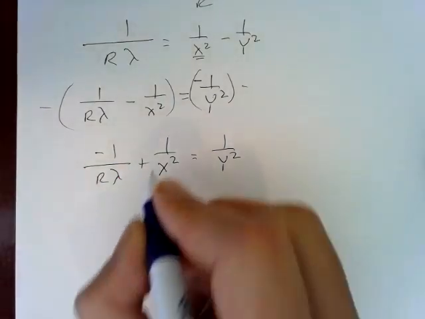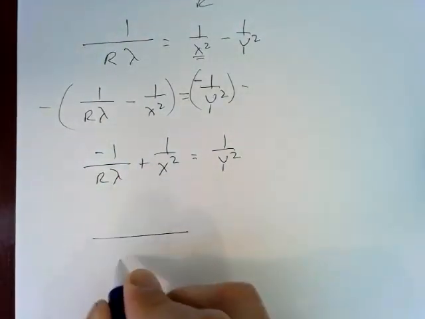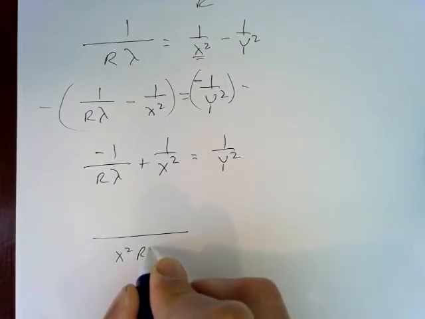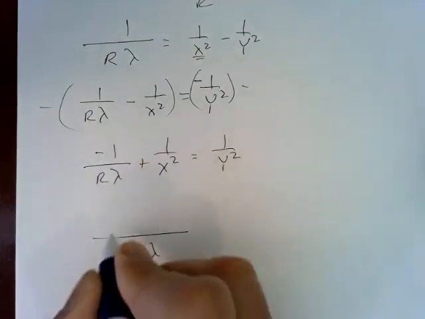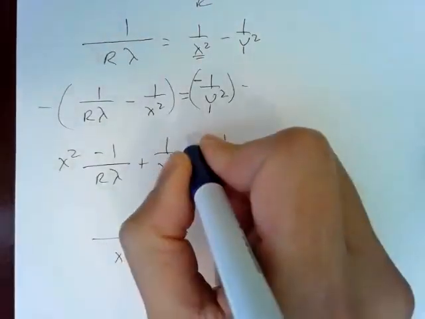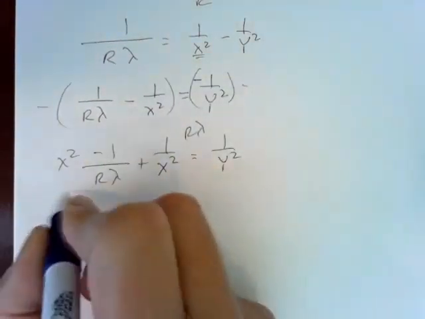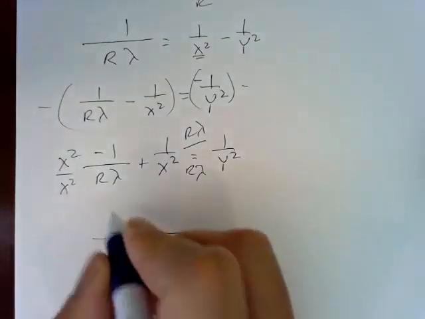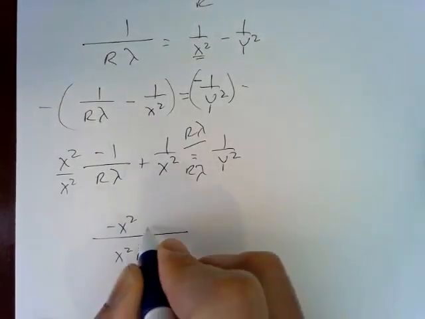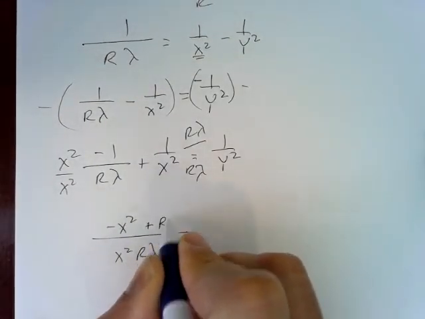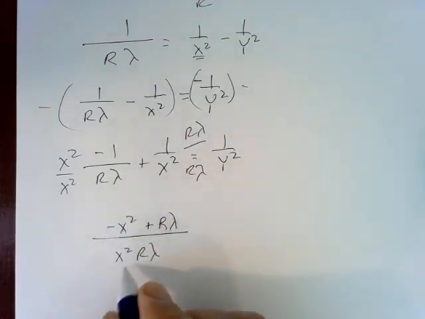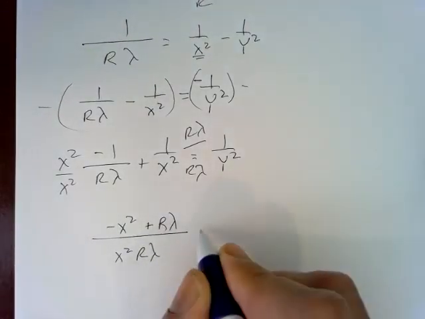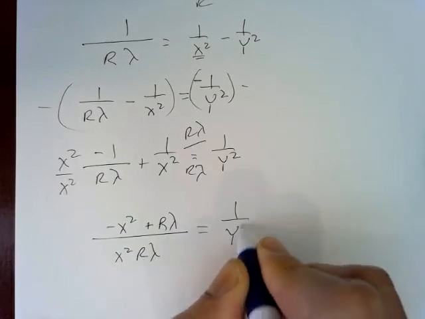So we find a common denominator. Common denominator is going to be x squared r lambda. So that means we have to multiply this by x squared. We have to multiply this by r lambda. So this now becomes minus x squared plus r lambda over x squared times r times lambda is equal to 1 over y squared.